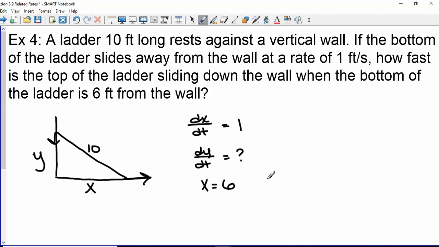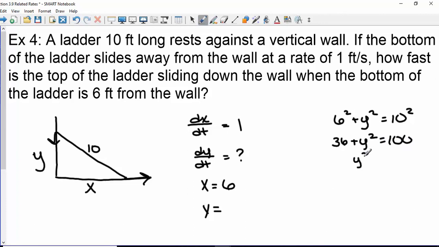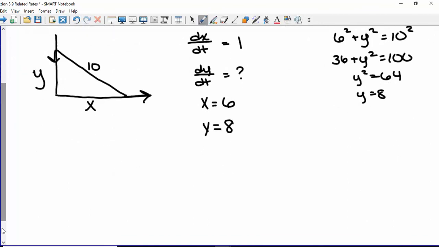What else am I probably going to need? Y. Could I find y for this particular instant? We could do the Pythagorean Theorem. So x is 6, 6 squared plus y squared equals 10 squared. So y squared is 64. So y is 8 at the particular instant we're talking about.